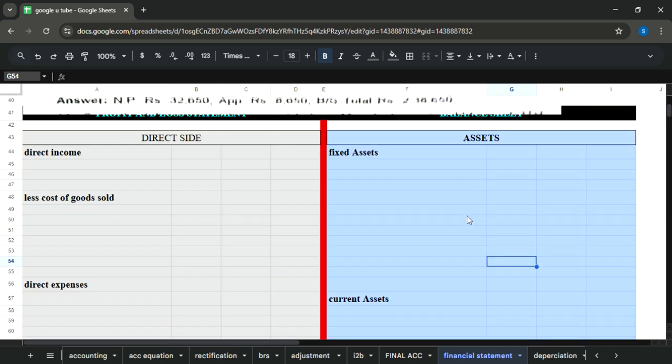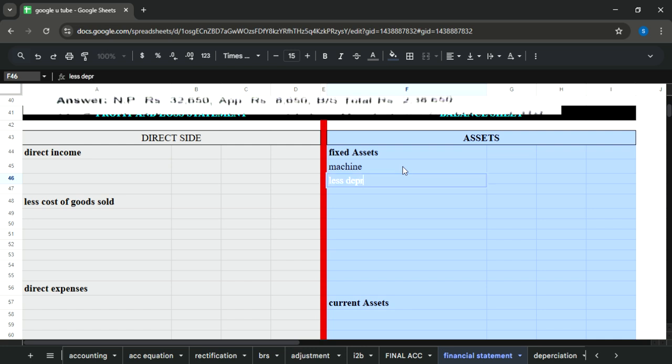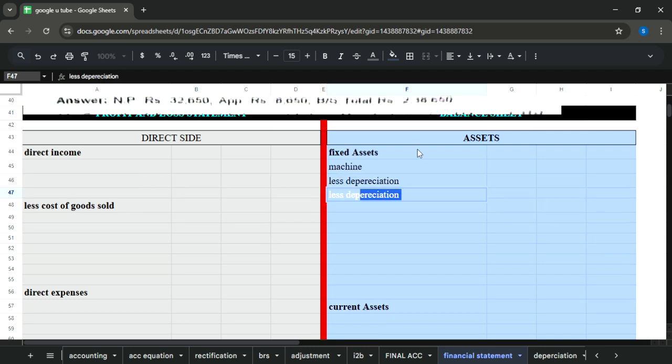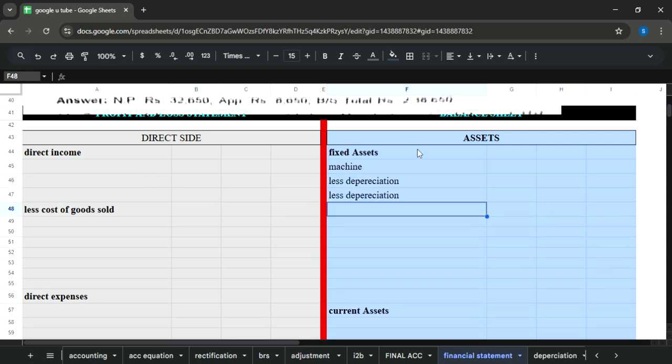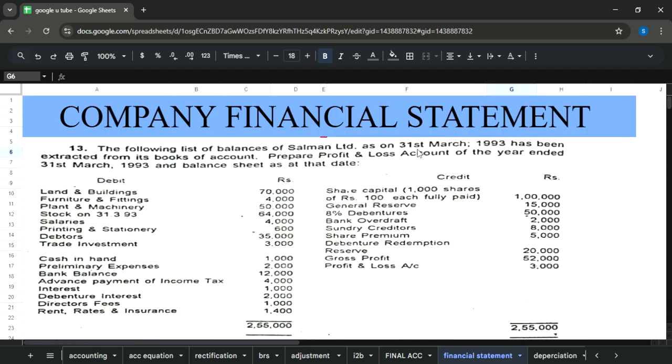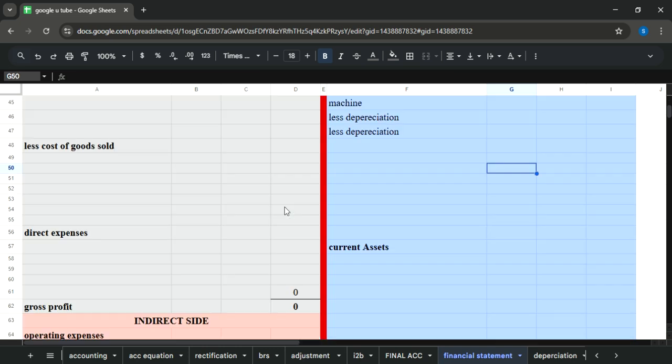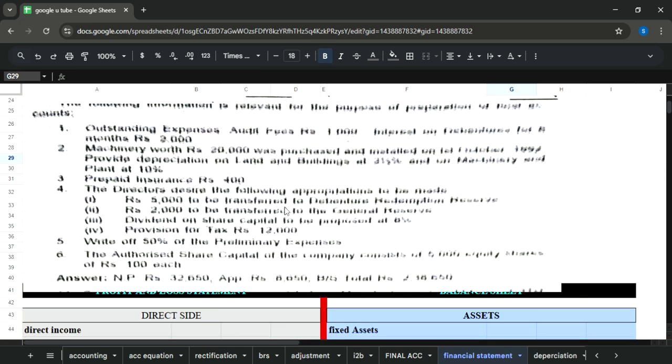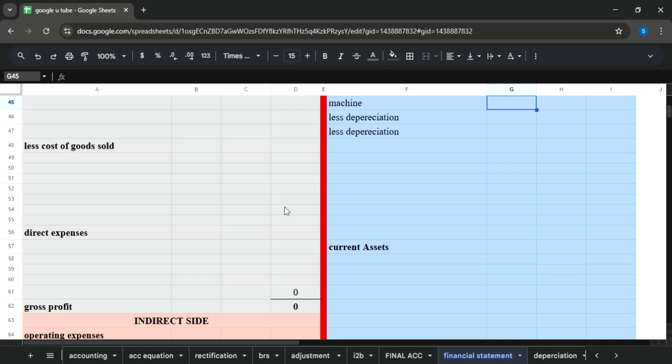So here in fixed asset, we will see machine and then depreciation first and depreciation second. Why are we doing this? Because machine, actually we will see how much value of that machine. Look, plant and machinery 50,000. So here we will put 50,000.